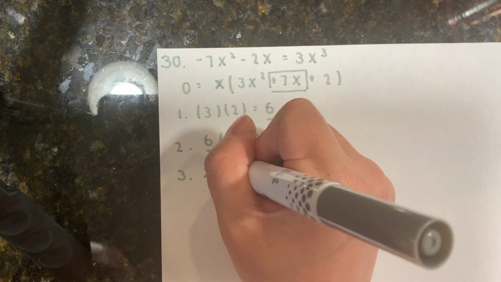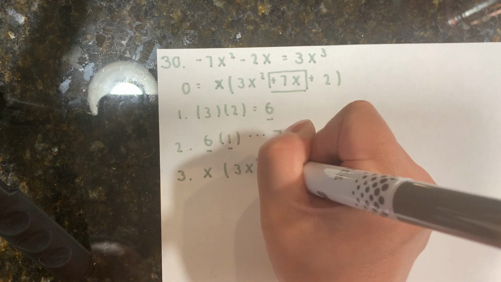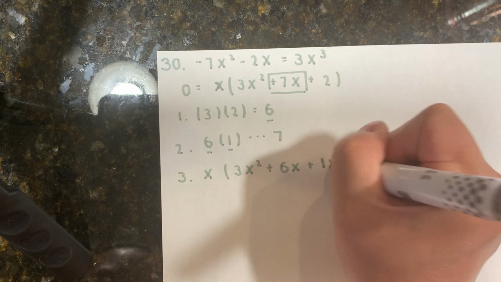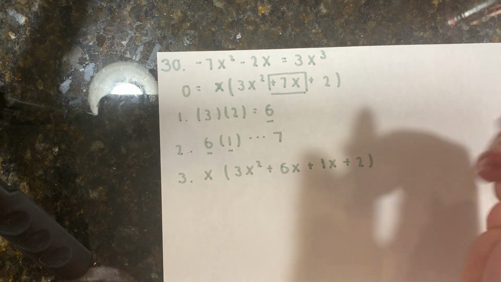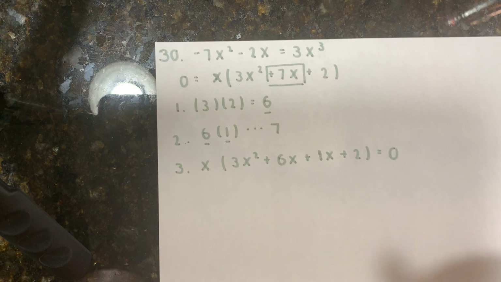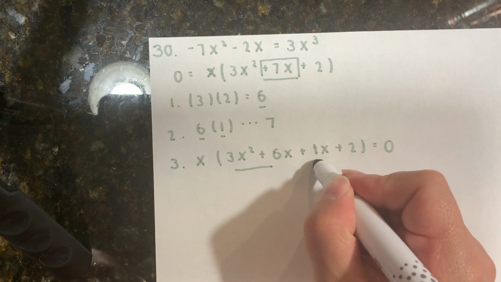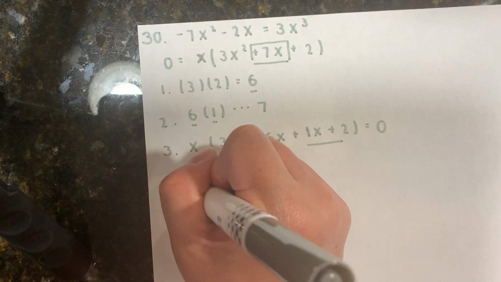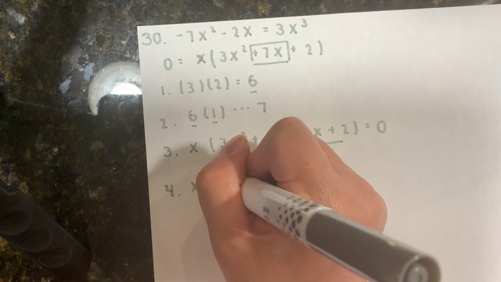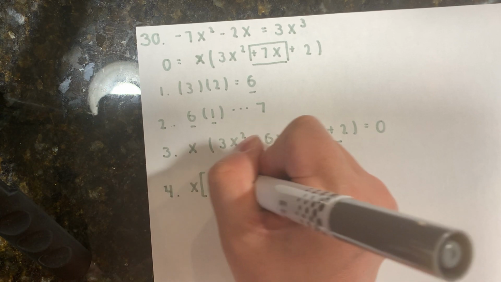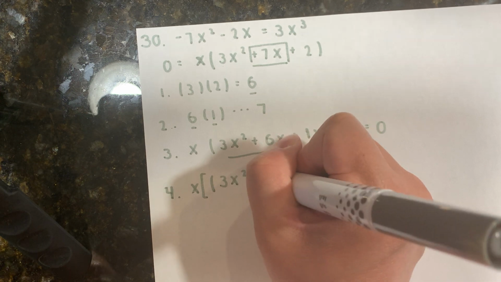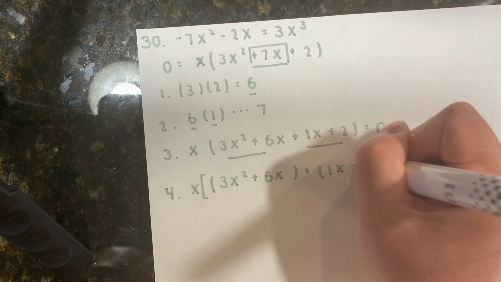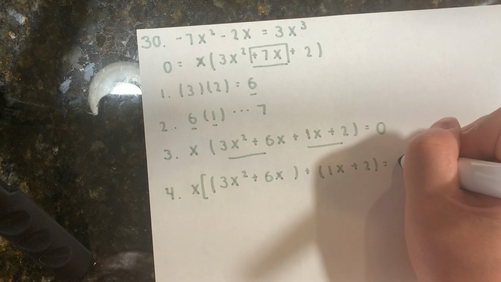So I have x times 3x squared plus 6x plus 1x plus 2 equals 0. This is your first parenthesis, this is your second.